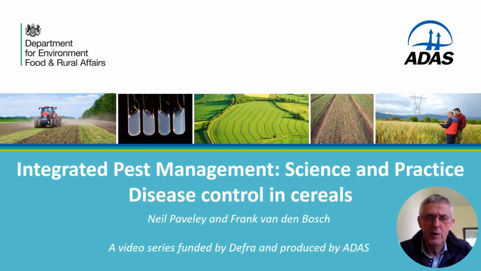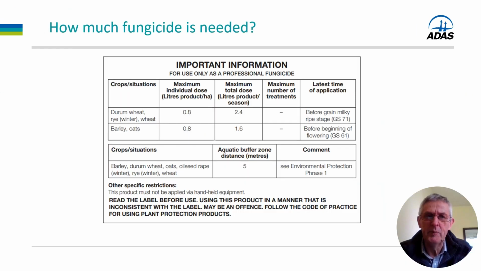In this video on integrated pest management, we're focusing on the question, how much fungicide is needed? Now, in any pesticide treatment, the legal starting point is to consult the product label, and there's an example label for a fungicide here.